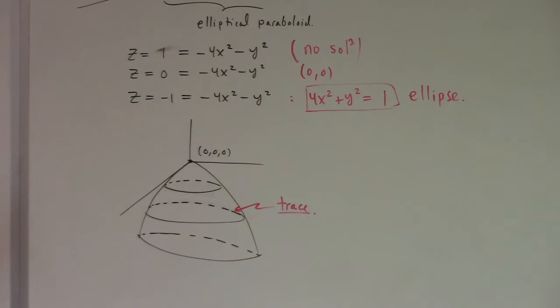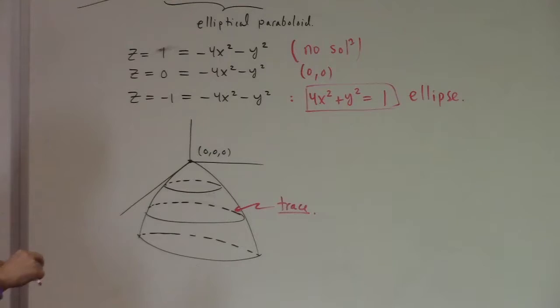You take the surface and you intersect it with a Cartesian plane, in this case z equals z naught. That gives you a flavor of what it looks like. If you take these horizontal cross sections, nothing, nothing, nothing, origin, ellipses, bigger and bigger and bigger ellipses. That's what you can think of as forming this elliptical paraboloid. It's just a stack of ellipses getting bigger and bigger.